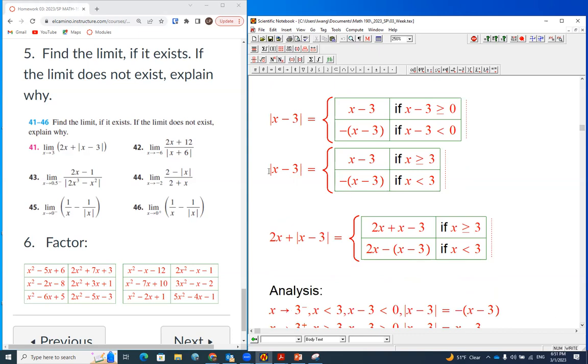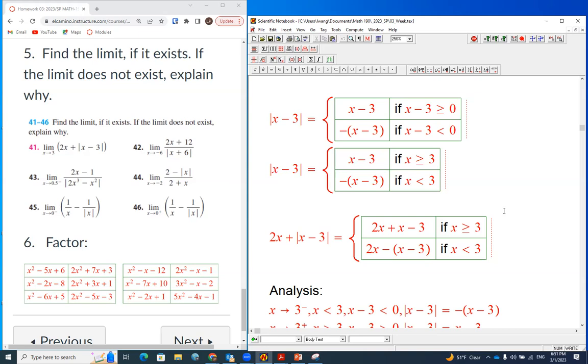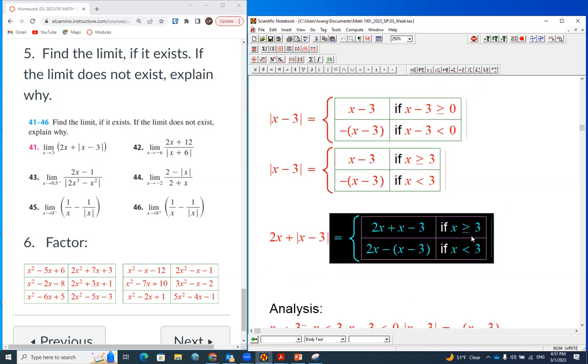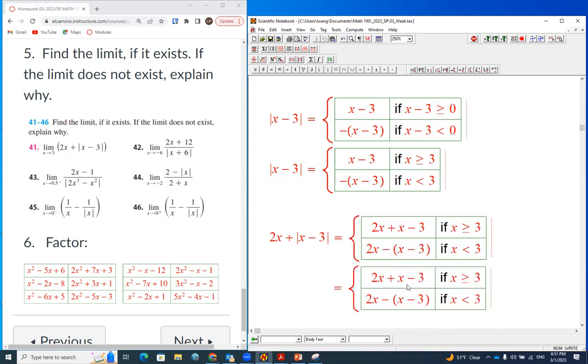x minus 3 is such, and then we added 2x to both sides. As a result, we're just going to have to simplify these algebraically. Here, we're going to have 3x minus 3. And over here, we have to open up the parentheses, which becomes minus x plus 3.